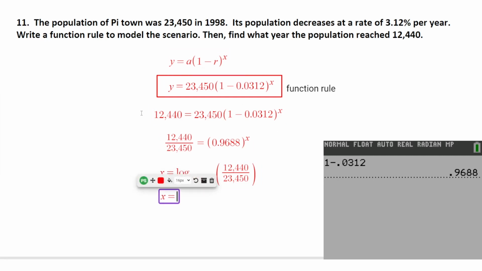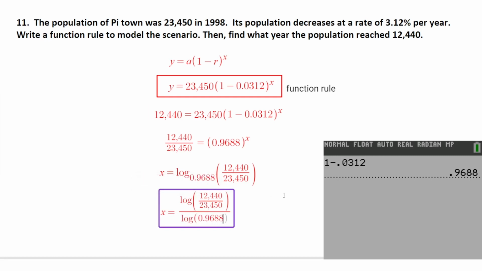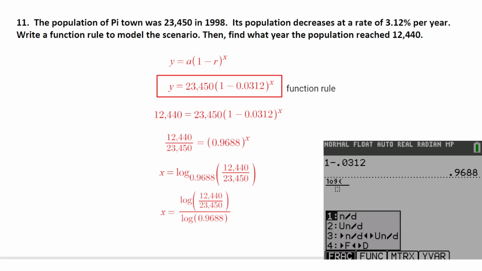I'm going to go base 10 here. Log of that fraction divided by log of the base, the 0.9688. And so this is what we're going to type in the calculator here. So we got log of this big fraction here.